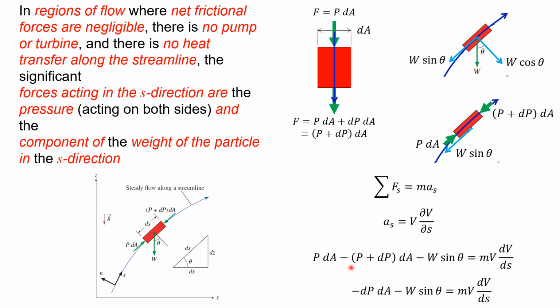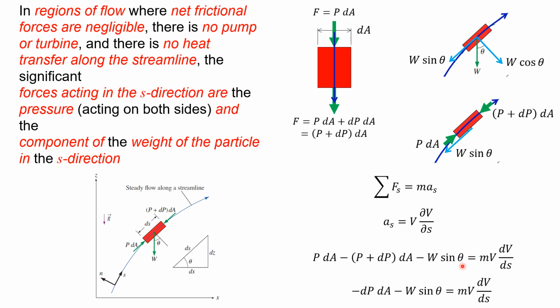So P dA minus (P plus dP) dA minus W sin theta equals m a_s. a_s is V dV over ds, so here is a mistake also. But since it's only one component, you can use dV over ds, but make sure you define it properly, what you are using. In this case, I just maintain this, since only one component is a differential.